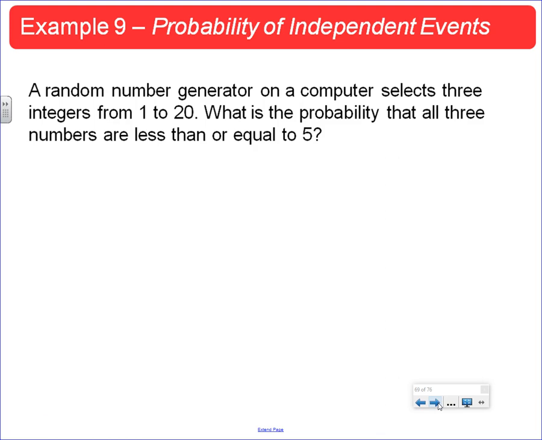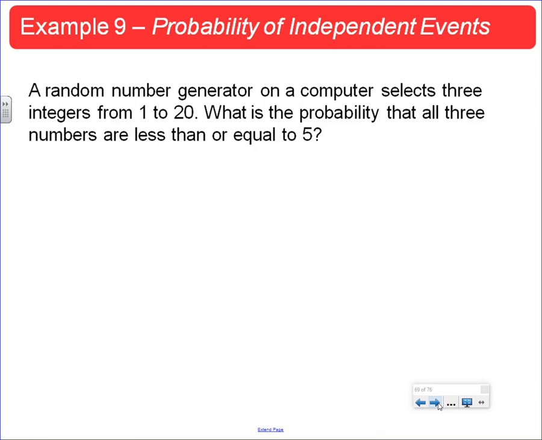Is it all one event occurring, or are there three separate events? You can look at it two different ways. You can look at the computer choosing all three numbers as one event, or you can think of it choosing a first number, second number, third number, three events, right?